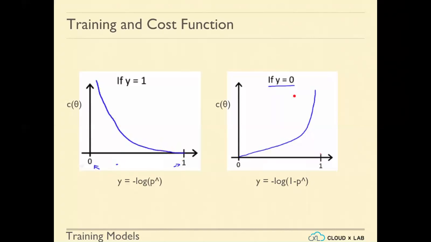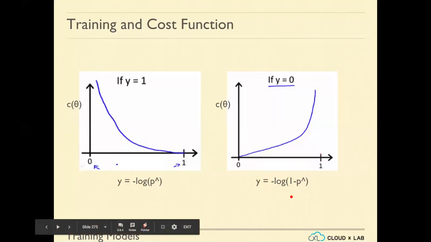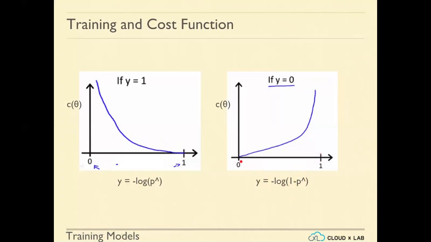Similarly, if y is 0, the cost function is going to be different. Here all we are doing is putting 1 minus probability. If you take a look closely, when the probability is really small, the cost is going to be small.